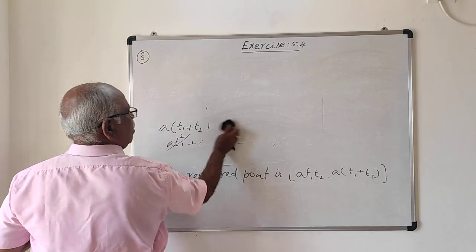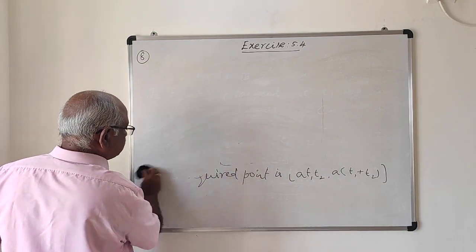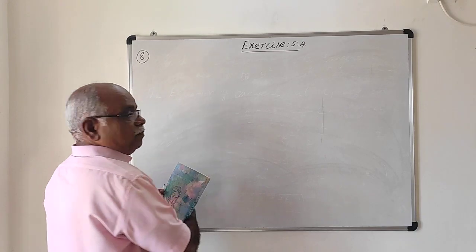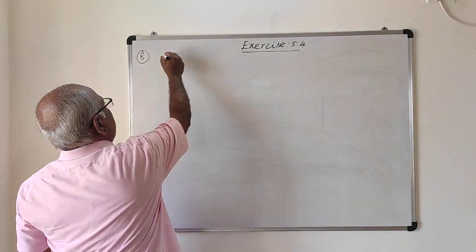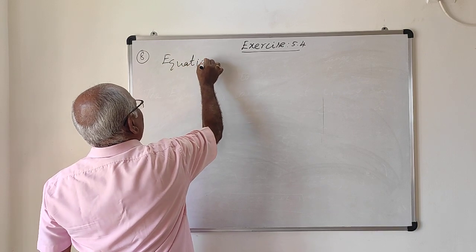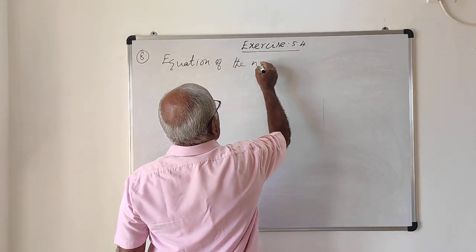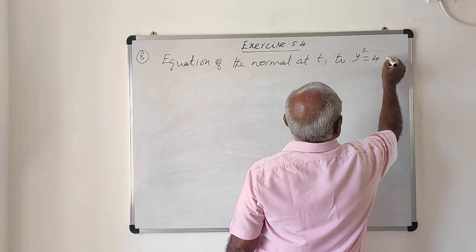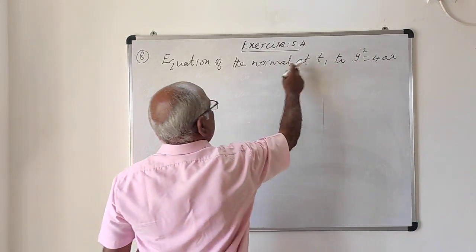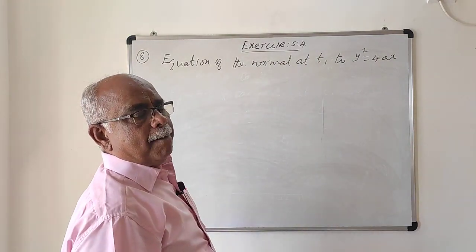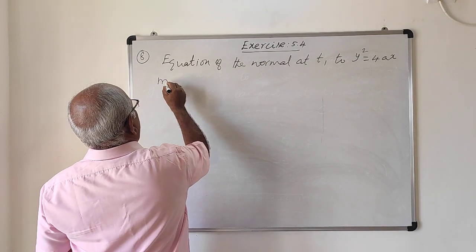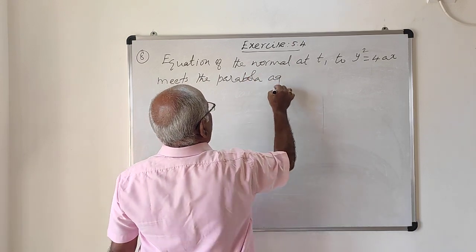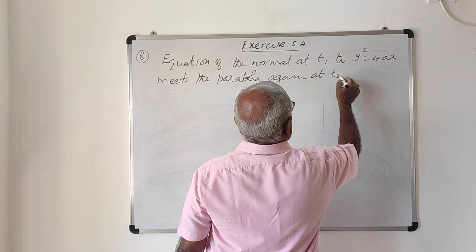See, this is also an important problem using the parametric form. The 8th problem: the equation of the normal at t1 to the parabola y square equal to 4ax meets the parabola again at t2.